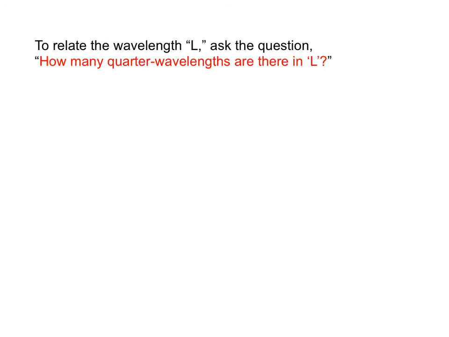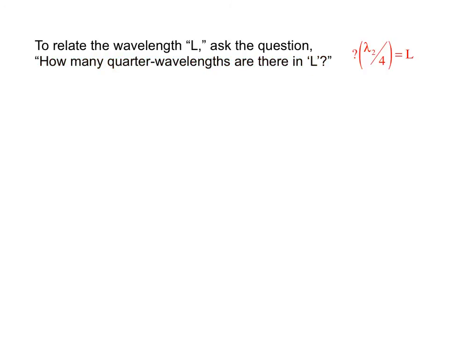In any case, to do the problem proper, the next question is, how do you relate lambda to L? So back a ways, I said that there was this clever way that you could go about doing this that was pretty easy, and this is it. The question that you ask is, how many quarter wavelengths are there in L?